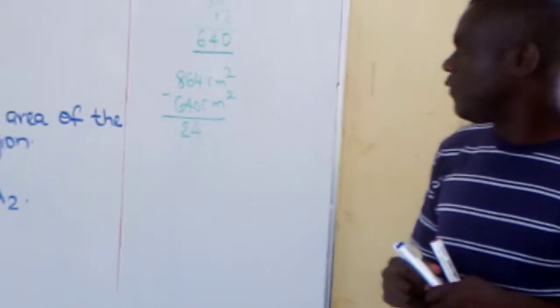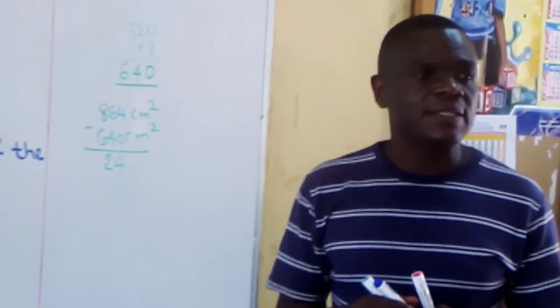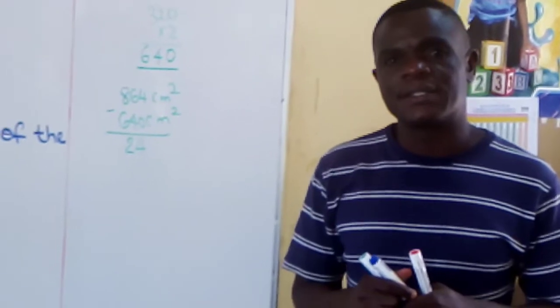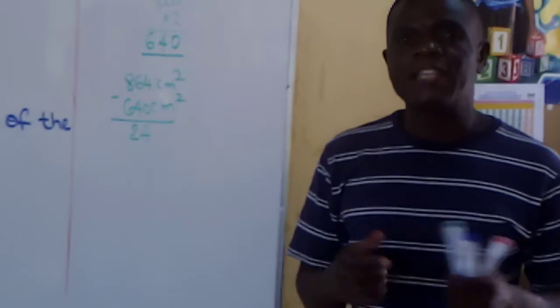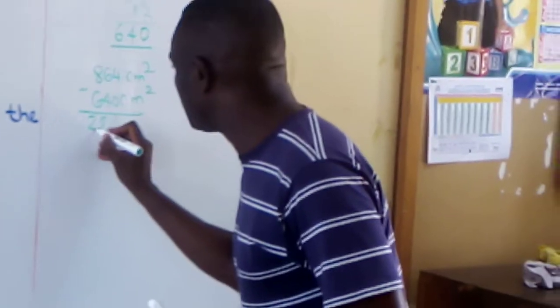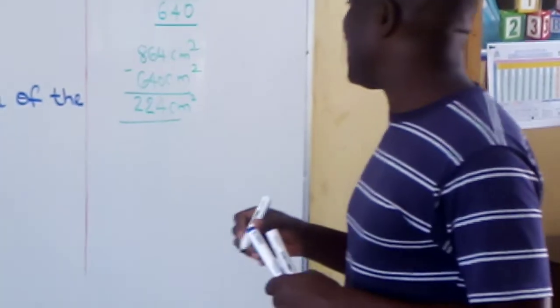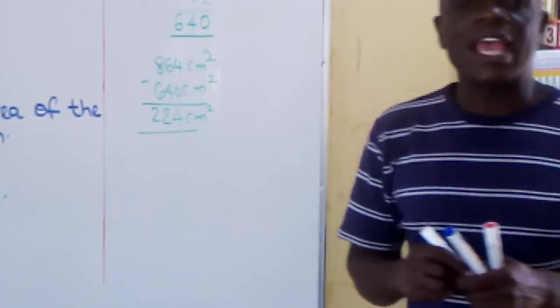Fiona, what is 8 minus 6? 8 minus 6 is 2. Correct. What is our answer? Michelle Shimuli.